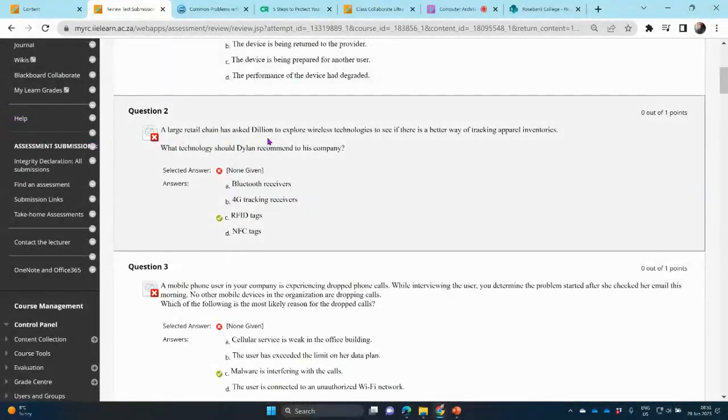A large retail chain has asked Dylan to explore wireless technologies to see if there's a better way of tracking apparel inventories. So the stock, this is a retail chain, so you want to track your stock. That's basically what they're saying here. What technologies should Dylan recommend for this company?